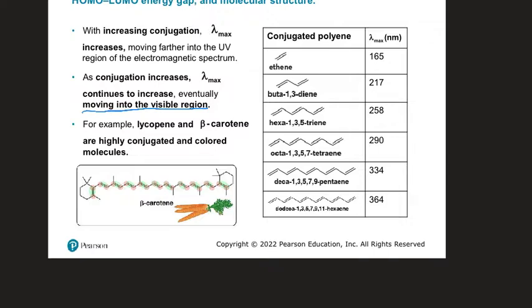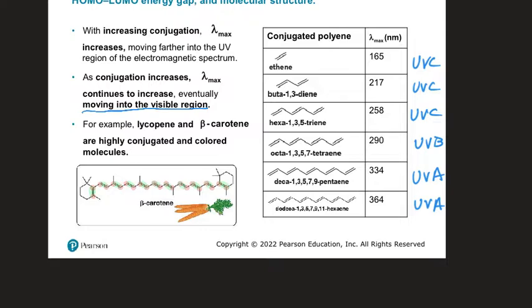dodeca-1,3,5,7,9,11-hexaene, and you can see we have the UVC, UVC, UVC, UVB, UVA, and UVA for the dodeca-1,3,5,7,9,11-hexaene, getting close to, there we go, sorry, I made a typo, moving close into the visible region. 380 is the very limit of what humans see, but usually you'll see it listed as 400 nanometers.